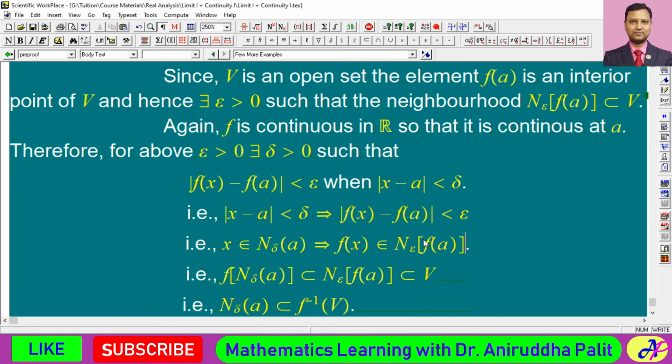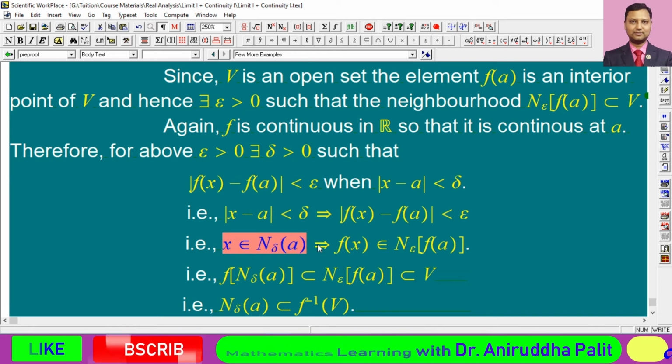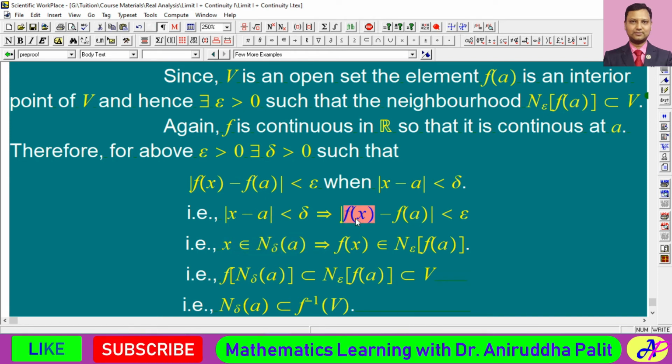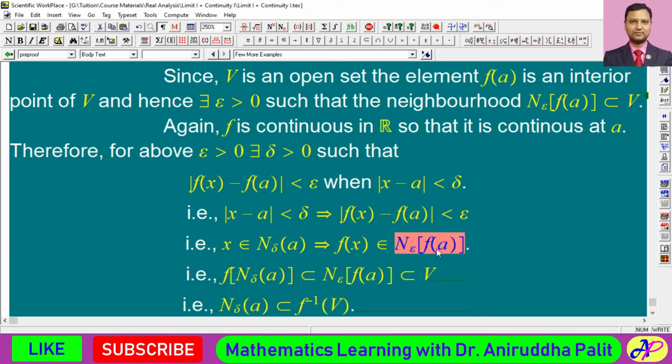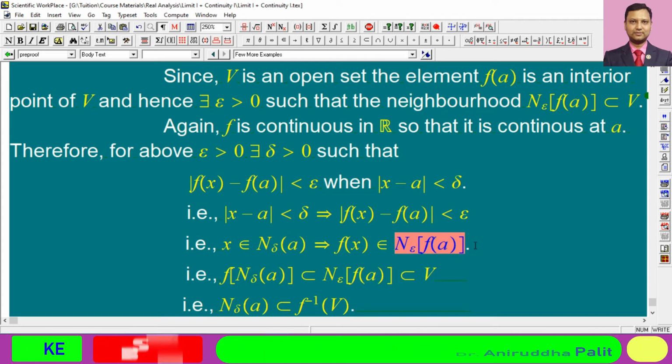So এখান থেকে আমরা কি দেখতে পাচ্ছি that modulus of x minus a less than delta means that x is a member of delta neighborhood of the element A. Therefore we can say that x belongs to the delta neighborhood of A, and over here this second inequality means that this f of x must be a member of the epsilon neighborhood of this quantity f of A. Therefore we can say that f of x belongs to this epsilon neighborhood of f of A, or the value f of A.